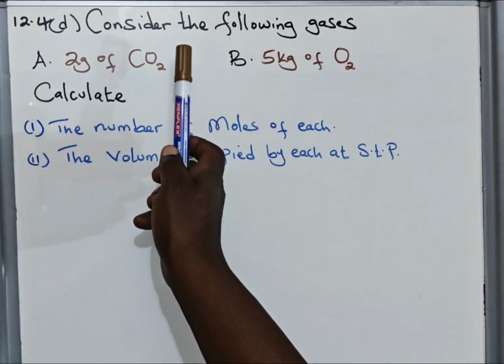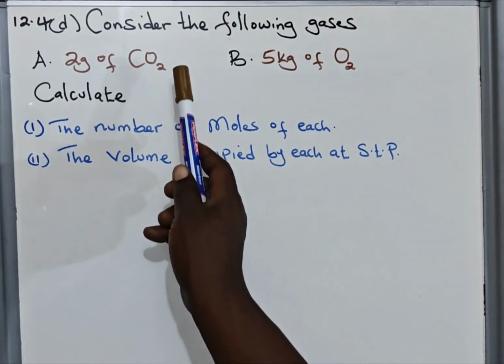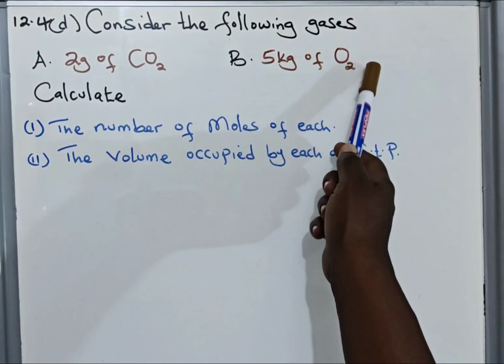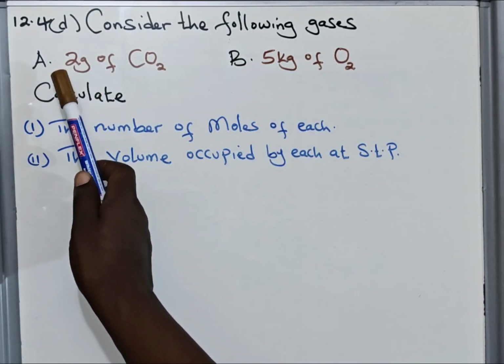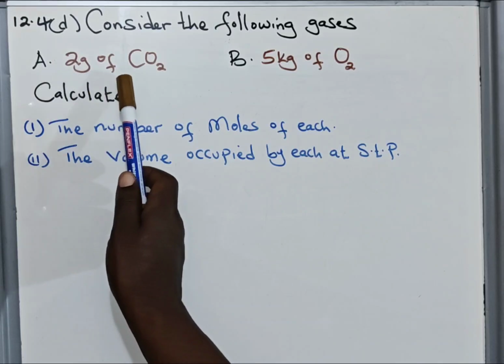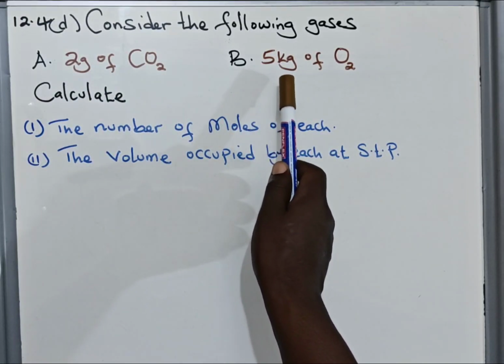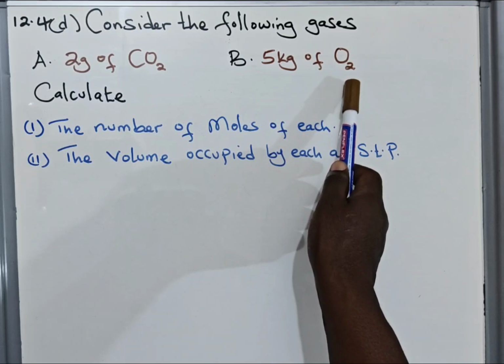Then we come to this question. It says consider the following gases. We have A, which is 2 grams of carbon dioxide, and B, which is 5 kilograms of oxygen.